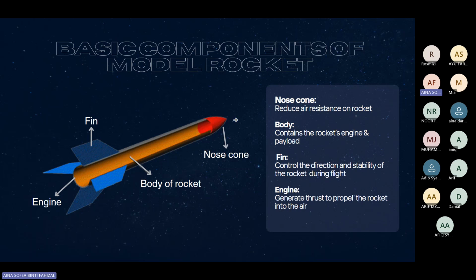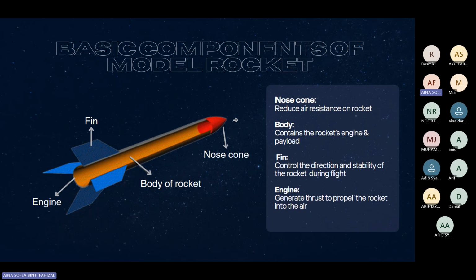If you can see, it's always a little bit pointed at the front. It is never a right cylinder or a square because the function of the nose cone is to reduce the air resistance on the rocket. It cuts through the air as the rocket goes upward.